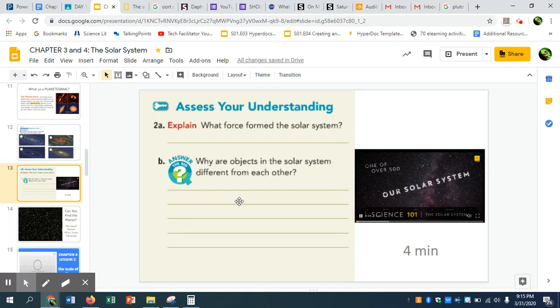So if you look through your book and if you read the pages here, we have our inner planets and we have our outer planets. The inner planets are Mercury, Venus, Earth, Mars, and they're called the rocky planets. So they're more dense, they're smaller too. The outer planets, Jupiter, Saturn, Uranus, Neptune, they're called the gas giants. They're further away from the sun. So gravity wasn't pulling on them as much.